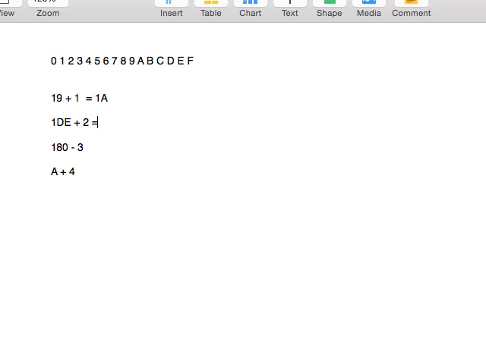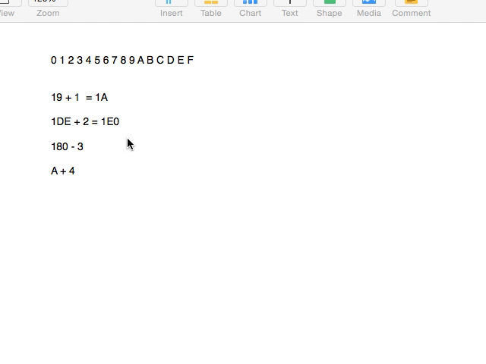So the last number is 0. We carry a 1 over to the second column, just like in regular math, and 1 plus D is going to equal E. We don't have to carry a number there, so we just get a 1. So 1DE plus 2 would be 1E0.